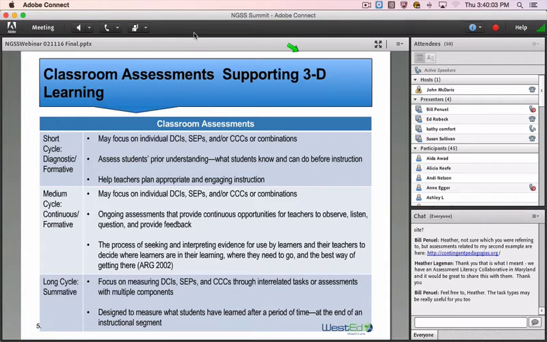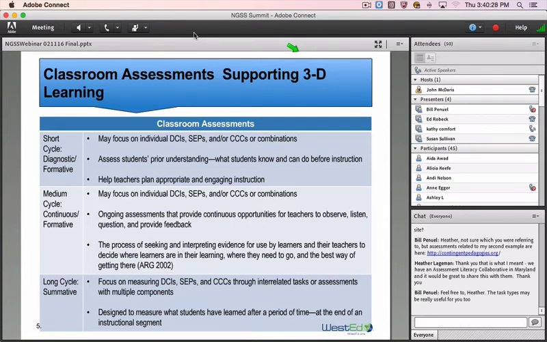on classroom assessment. Then getting to the long cycle, this is focusing on measuring disciplinary core ideas, practices, and cross-cutting concepts through interrelated tasks or assessments with multiple components. So this is where Bill was showing an example where you don't have a one-to-one correspondence between an assessment item and a performance expectation.